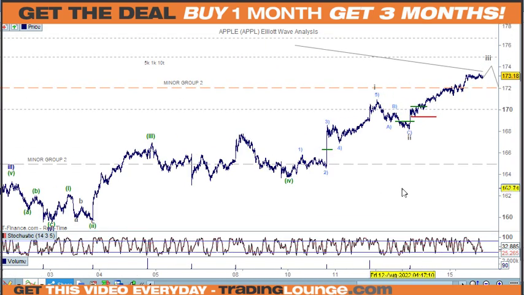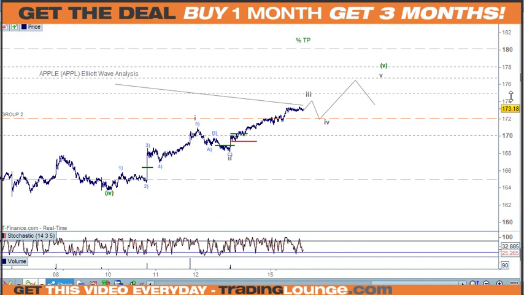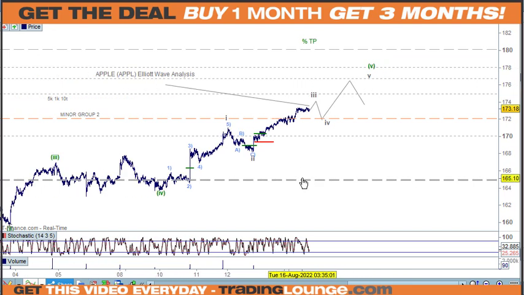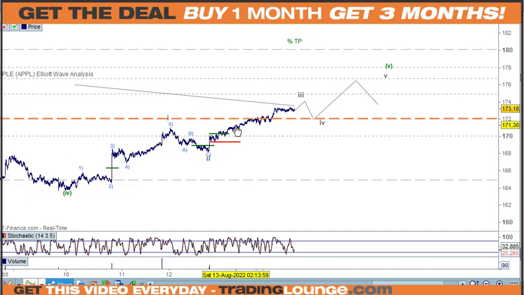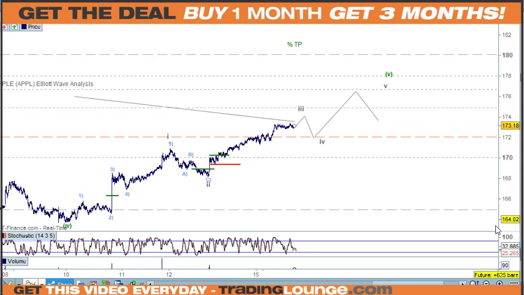So yeah, look, in a nutshell, we're just looking for a top here. So we're looking at wave 3 here and 4 here, and then we've been counting 1, 2, 3, 4, 5 for 1, ABC for 2. Yesterday we were in amongst this mess, which we could see is the third wave here. I can see that this is wave 1 here, and all this is the third wave here, and this is the fourth here, and then we've got some sort of 1, 2, 3, 4 here and 5.